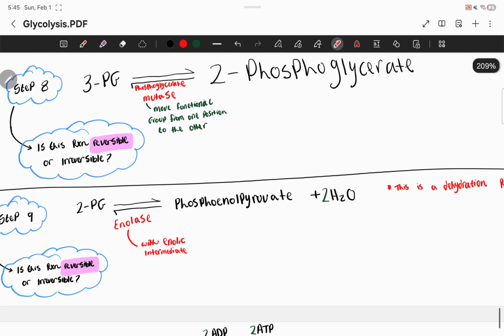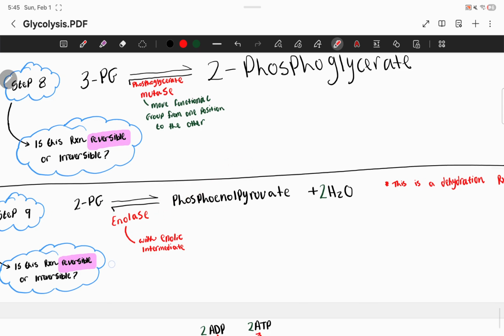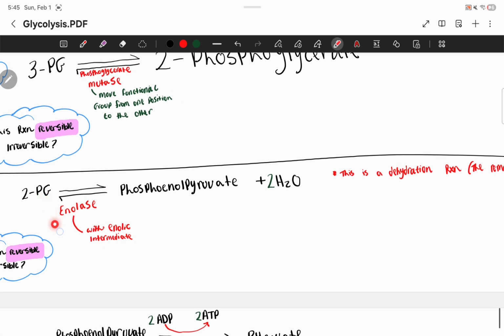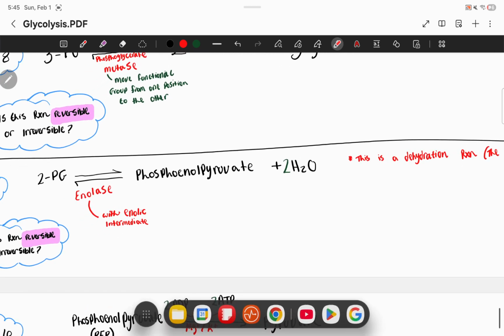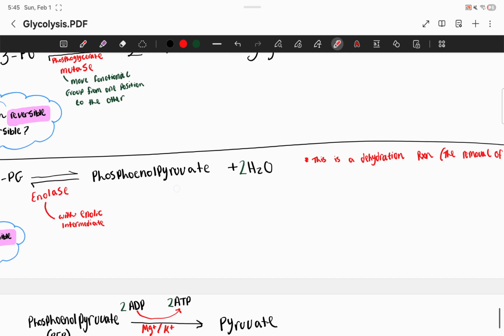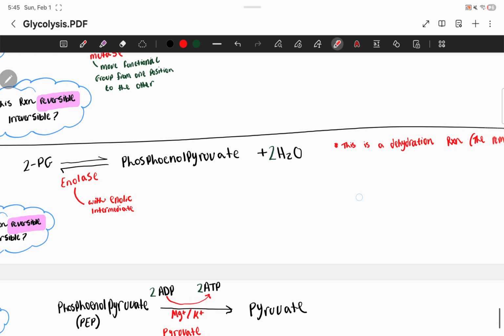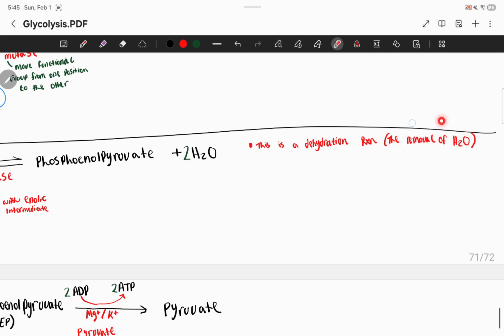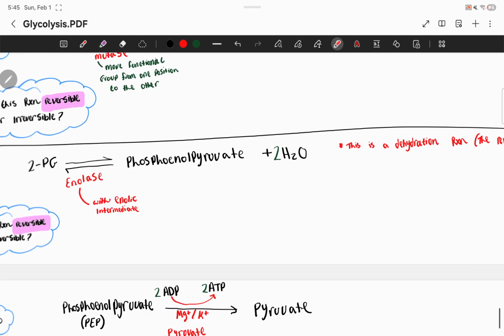Step 9, we have it as reversible. For step 9, we're taking the 2-phosphoglycerate from the previous step and we're turning it into phosphoenolpyruvate plus water. This reaction is known as a dehydration reaction, where we're basically removing water from the reaction, making it a byproduct.